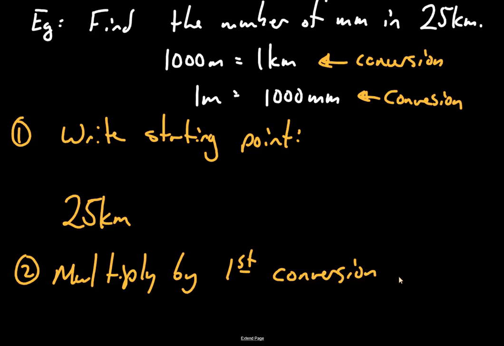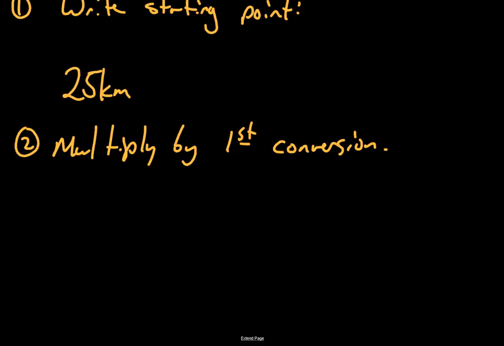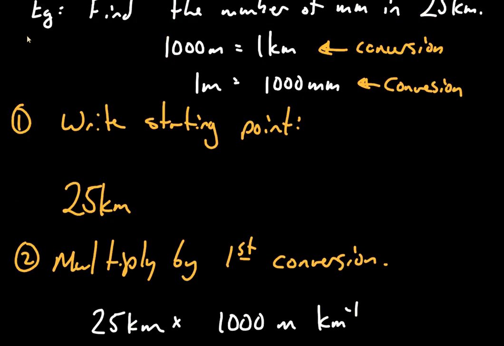So you have to look for the conversion factor that includes kilometers in it. So your first step in this case would be 25 kilometers times 1,000 meters per kilometer. We're taking that 1,000 meters equals 1 kilometer, and writing it as 1,000 meters per kilometer. That's what we're saying with this.